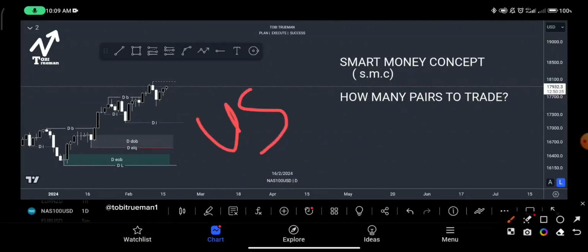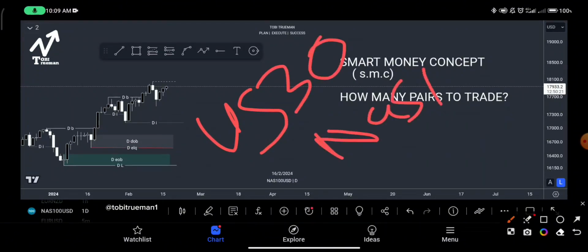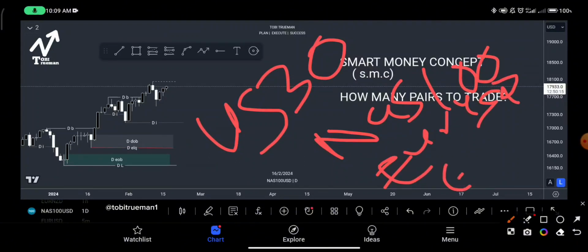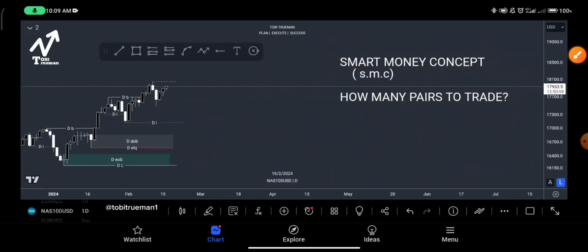The pairs you hear people talk about most are US 30, NAS 100, Euro USD, and GBP USD. Many people say those are the only pairs they trade.